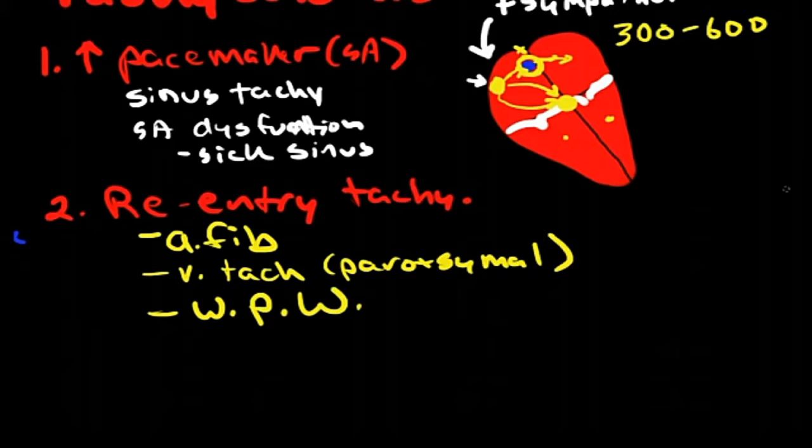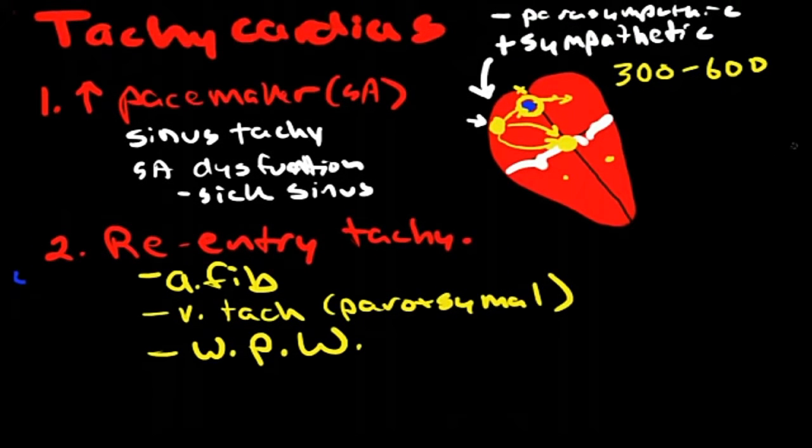Wolff-Parkinson-White Syndrome is very interesting. Now remember I told you that in a normal heart the cartilage of the valves and the annular rings around the valve completely separate the atria and the ventricles.